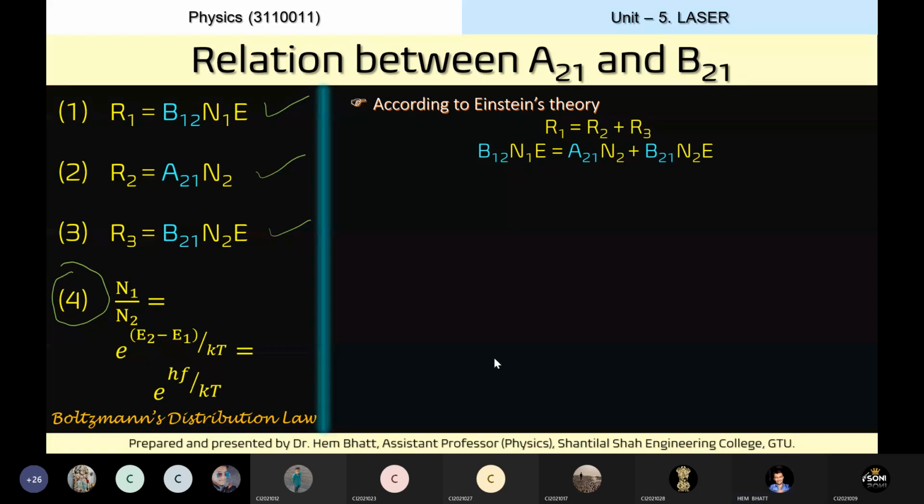ઓકે. નેક્સ્ટ, make E subject of formula. આમાંથી E ને સૂત્રનો કર્તા બનાવો તો પછી હું સ્લાઇડમાં દેખાડું.